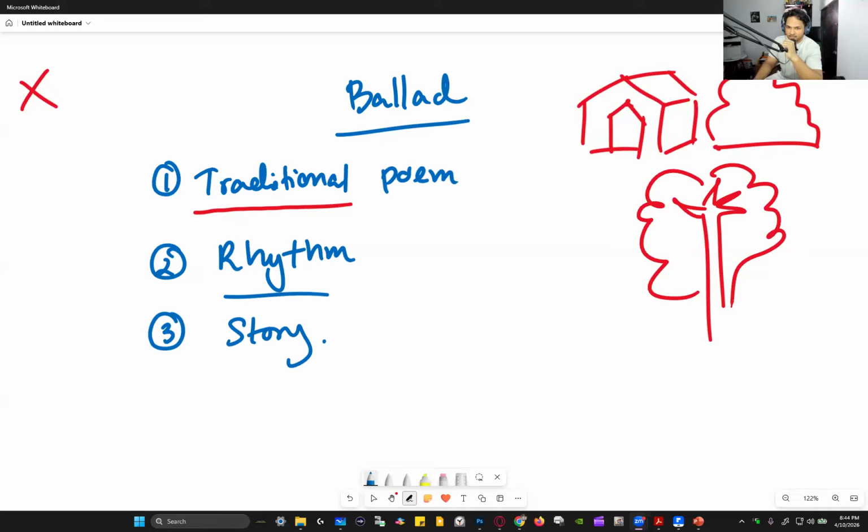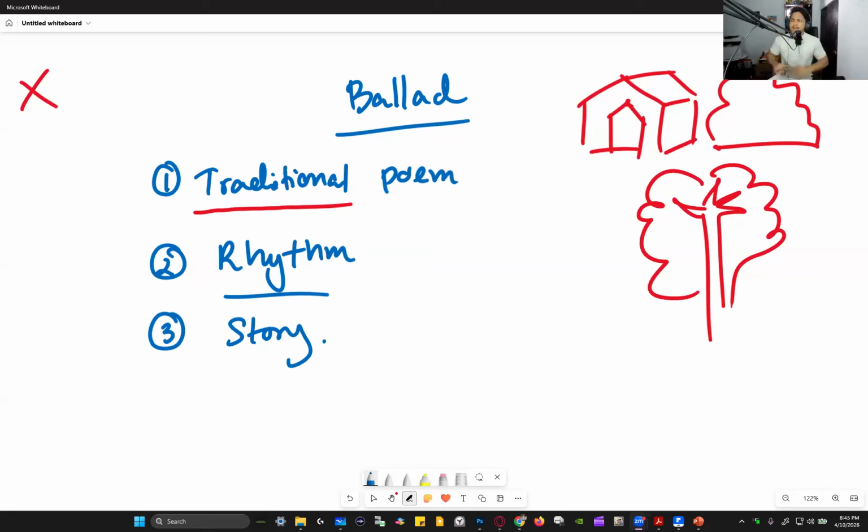It must have a rhythm. It must have a traditional background, and finally, it must have a story. Only then will the poem be classified as a ballad.